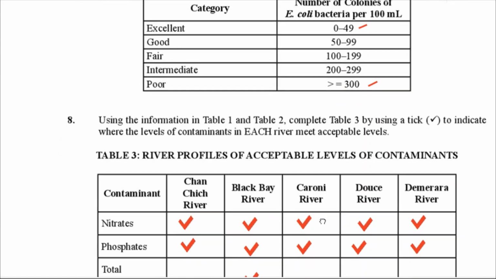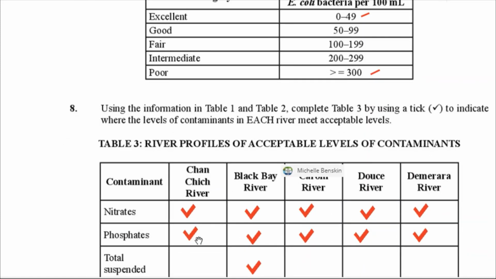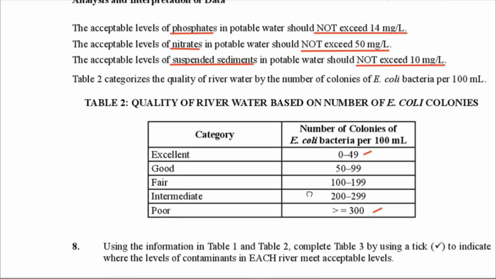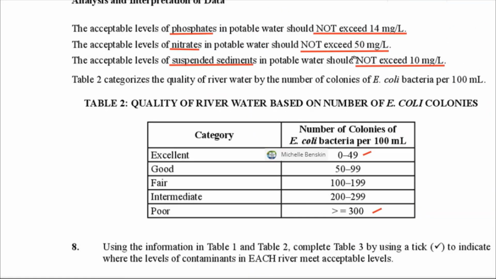So let me just use another example. I'm not going to go through all, but similarly here with the phosphates, I have all of them ticked off. All the rivers meet acceptable levels of contaminants. So going back, all right, the nitrate should not exceed 50 milligrams. I made a mistake there just now. The nitrate should not exceed 50 milligrams per liter. So for sure, the rivers are all clear on that.